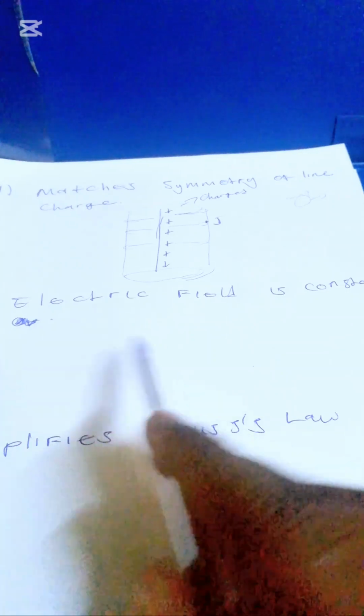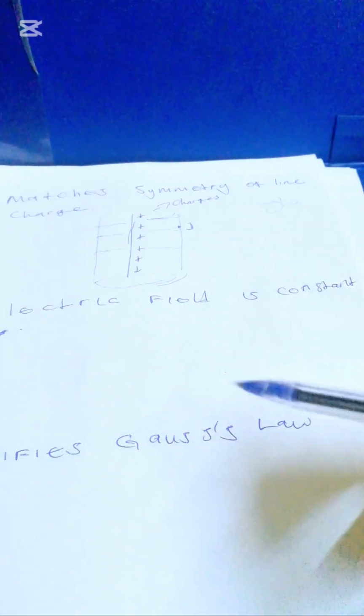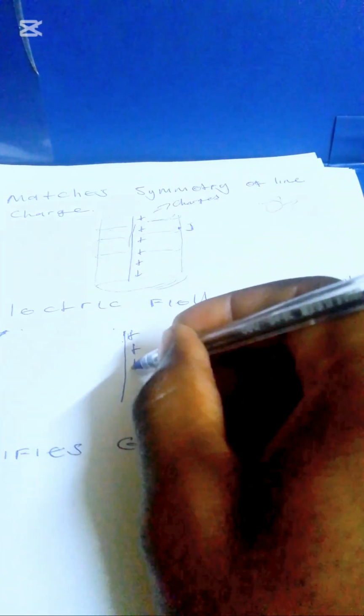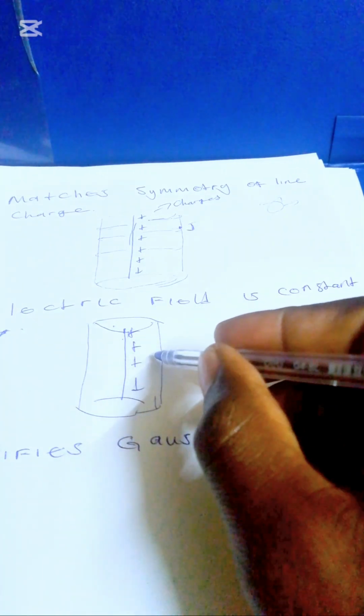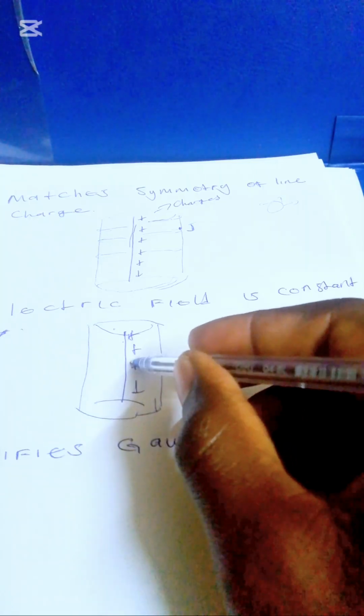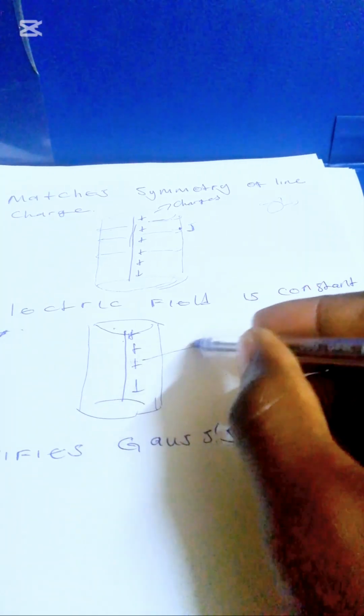Then, the electric field is constant. From what I've drawn, I'll draw it again here. If we have something like that, we're going to have an enclosed surface like that. Here you will see that the electric field will be constant, because the distance from the charge to a certain point there, if you put it in 3D, will be the same.